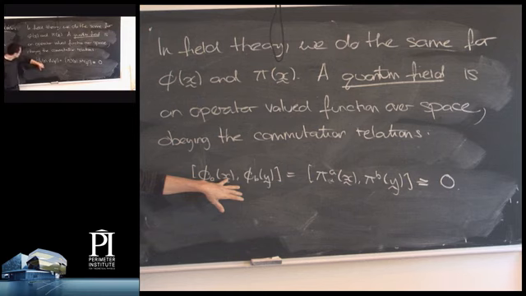Just as here, it's clear that A and B are different, and any coordinates commute with each other. So I should write x and y being any coordinates. They should be different, x and y. Just another label. That also tells us what the correct interesting commutation relation is between the coordinates and the momenta.